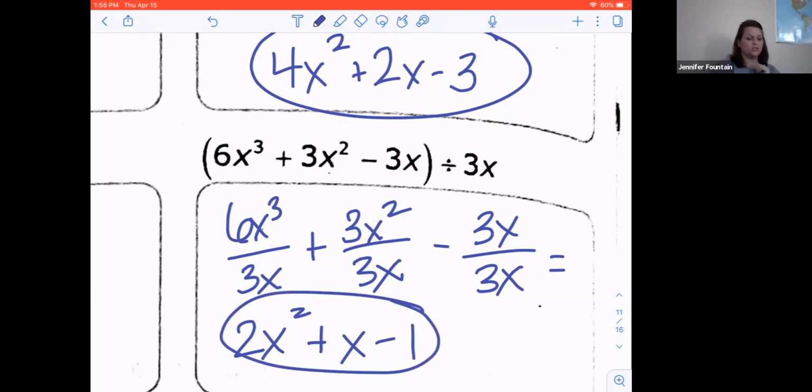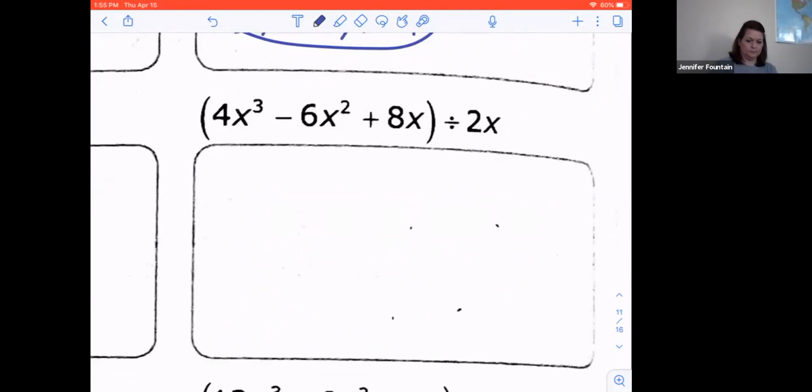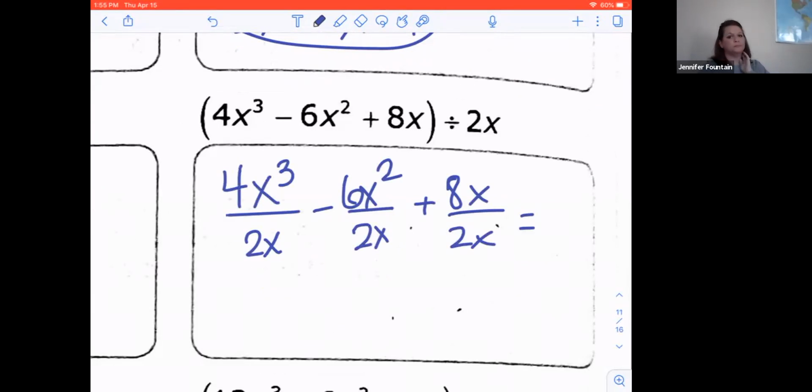So 2x squared plus x minus 1. Let's look at the next one. 4x cubed divided by 2x, negative 6x squared divided by 2x, 8x divided by 2x. Go ahead and work that one.